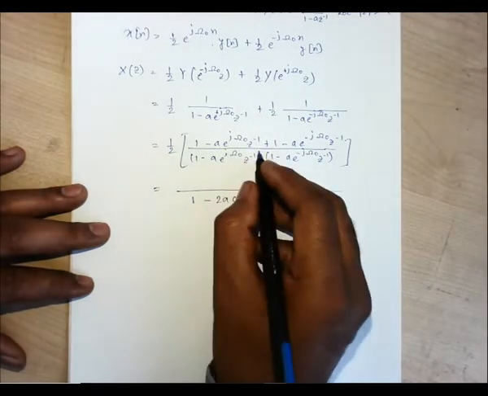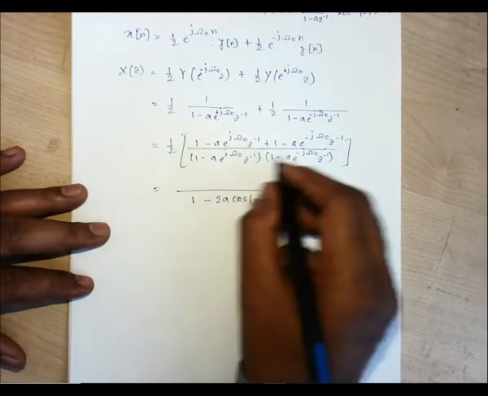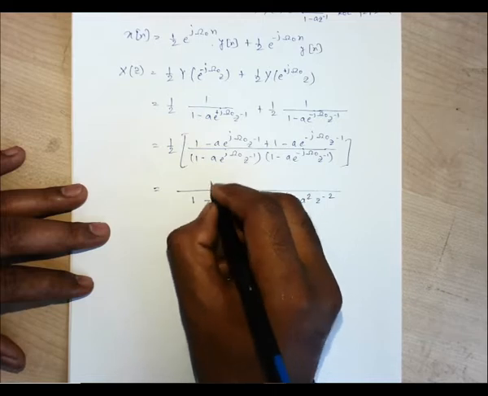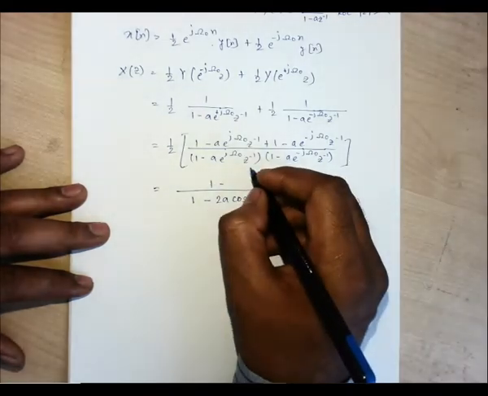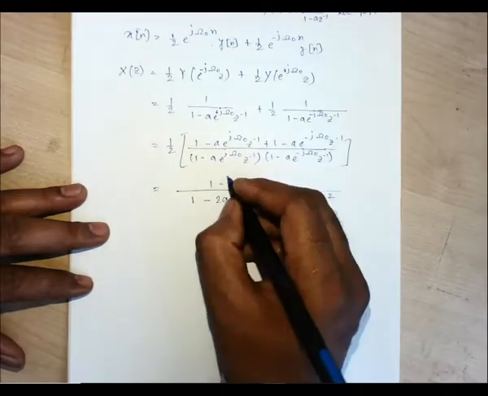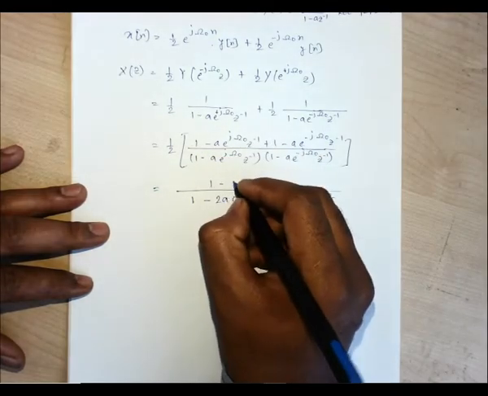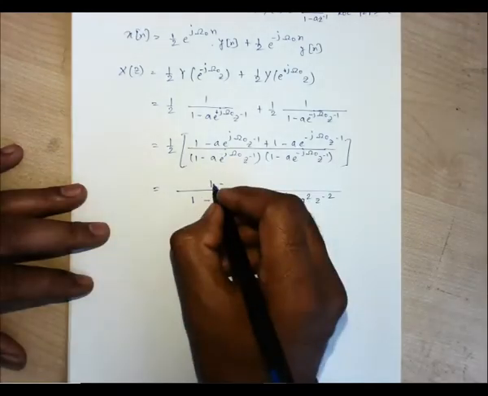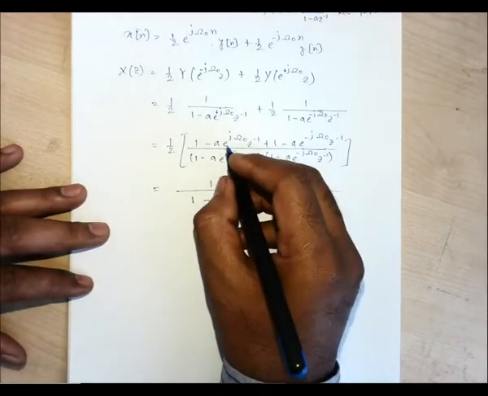Then this numerator will become 1 minus, that one will become plus 1, that is 2. So what does it mean? We have taken common, so this one will become 2a.